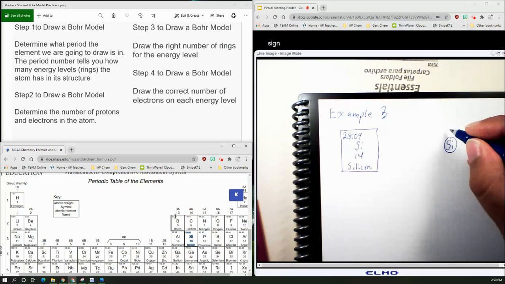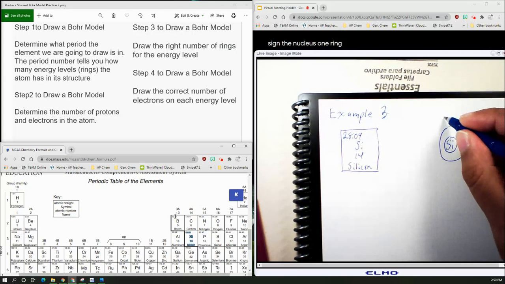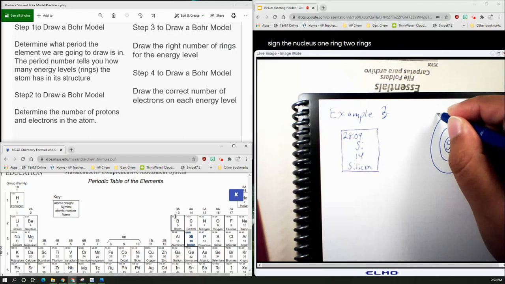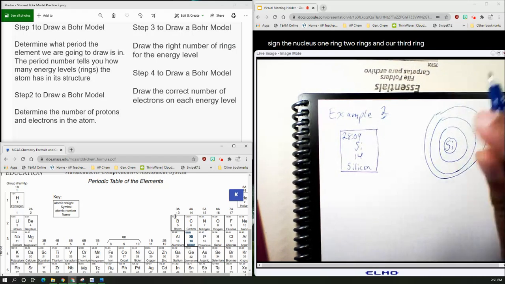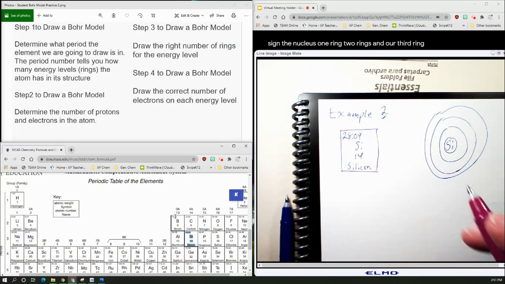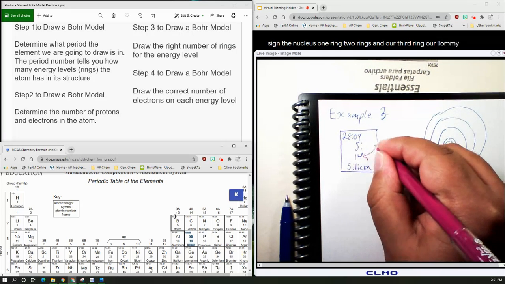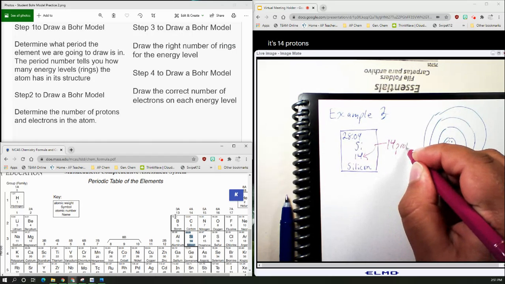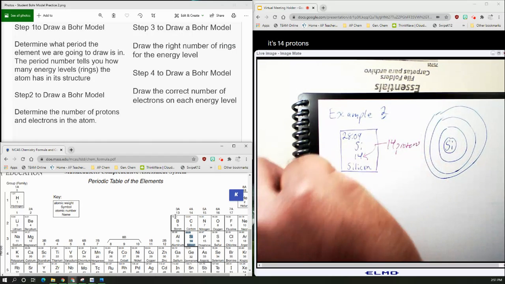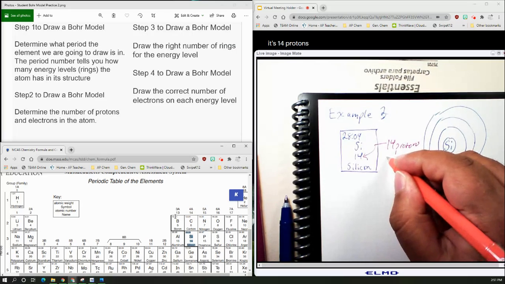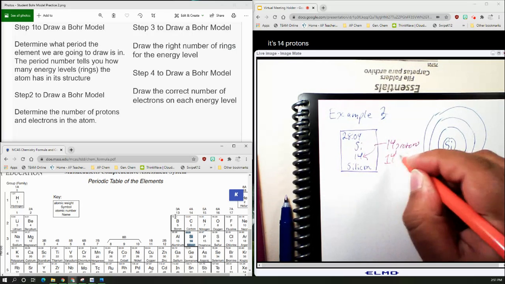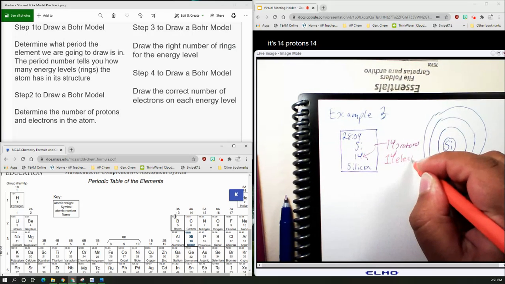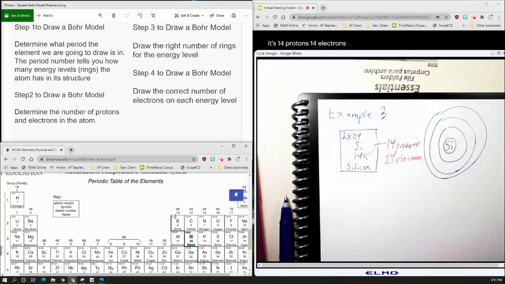So there's Si in the nucleus, 1 ring, 2 rings, and our 3rd ring. Based on our atomic number, that's 14 protons and 14 electrons.